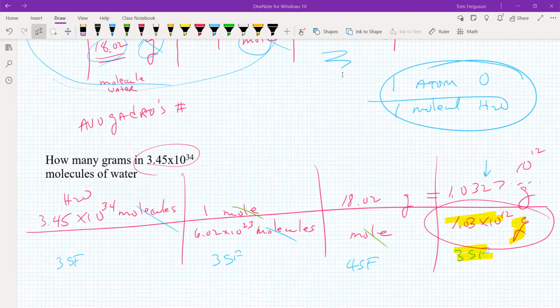Now, more practice. Jordan, I agree. So to get more practice, where do you find more practice? You're going to bump over to our handy dandy Canvas class.